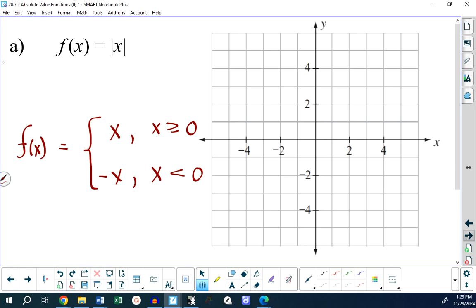The function f of x will be equal to negative x if x is negative, because if x is negative, negative x will be positive. Don't mess up your graph, but I'm just pointing out that this, in terms of x, is from and including 0 all the way to the right, correct?